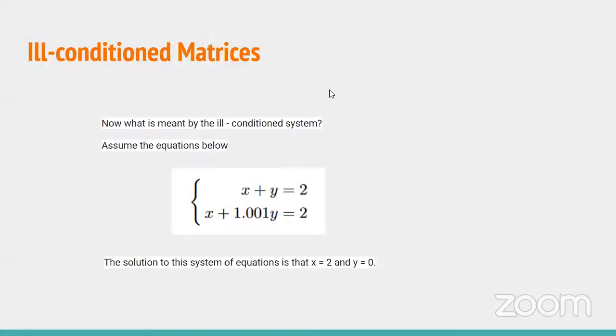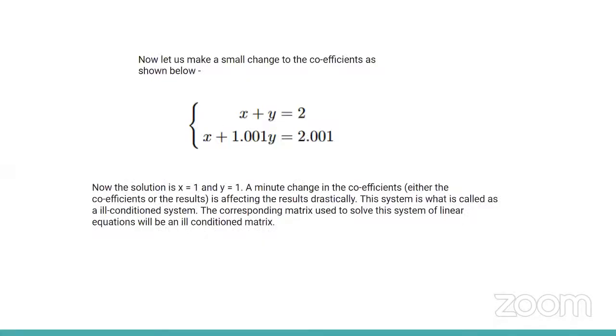Now let's make a little change to the equation. The previous equation was x plus y equals 2 and x plus 1.001y equals 2.